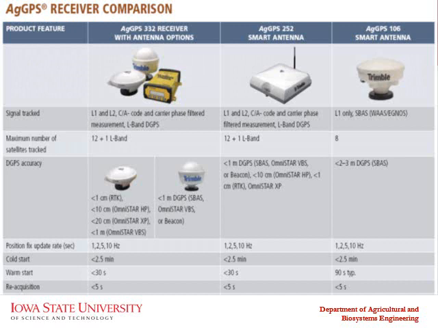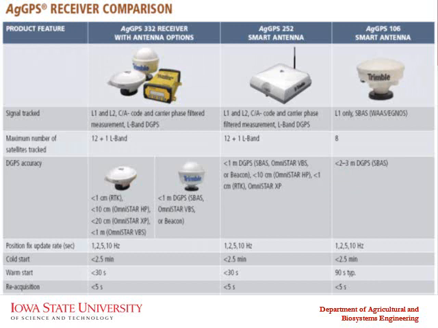Here's a similar table provided by Trimble. This shows a couple of their different receivers and has different levels of GPS accuracy depending on the correction. Their AgGPS 106, which is just a generic integrated antenna receiver for general purpose operations, indicates a less than 2 to 3 meter DGPS WAAS-based accuracy.